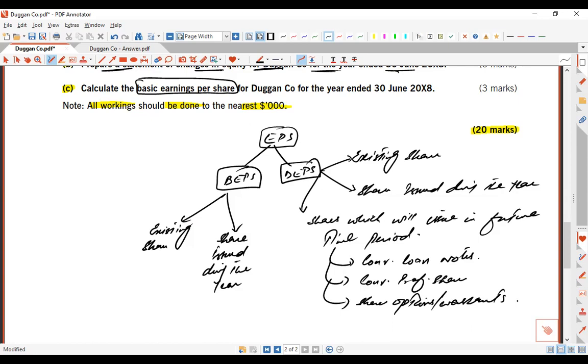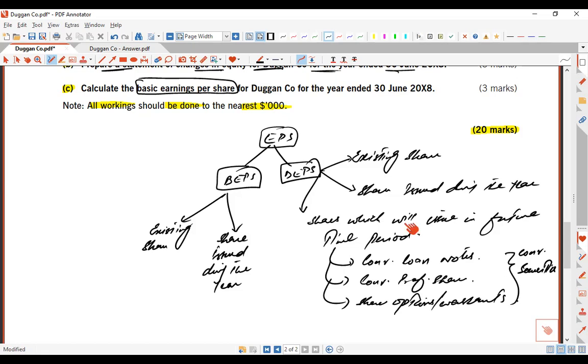Why would the shares be issued in a future time period? Due to future commitments. What are the types of future commitments? By the way, all these are cumulatively known as convertible securities. So the shares would be issued in a future time period due to a convertible securities commitment, and the impact should be taken in the diluted EPS.